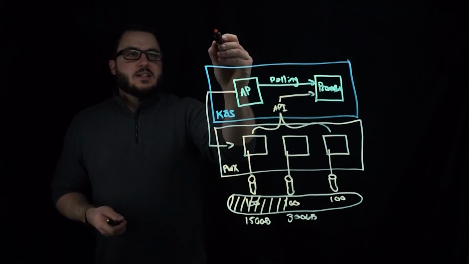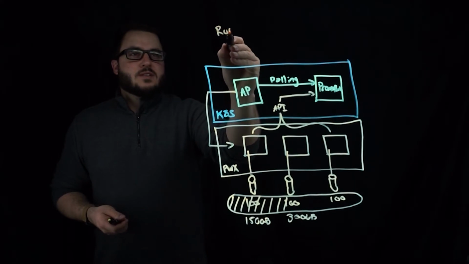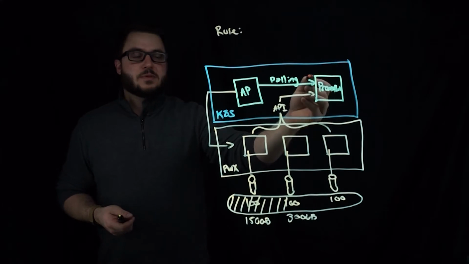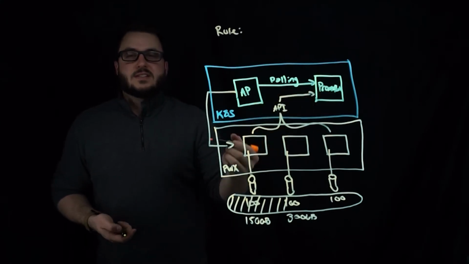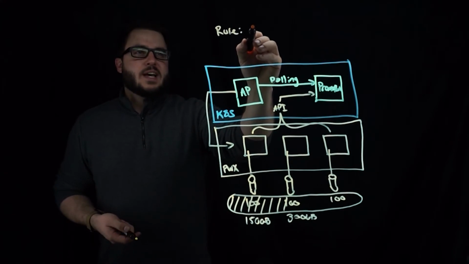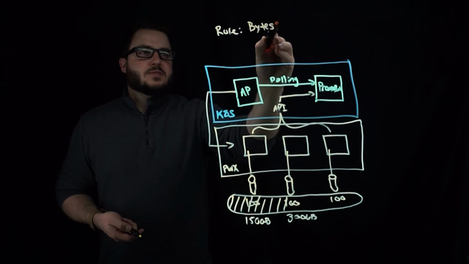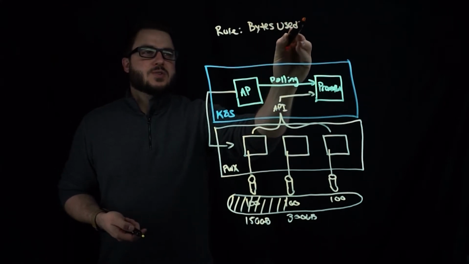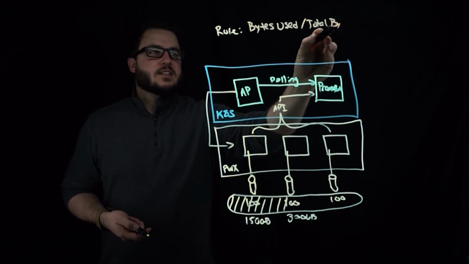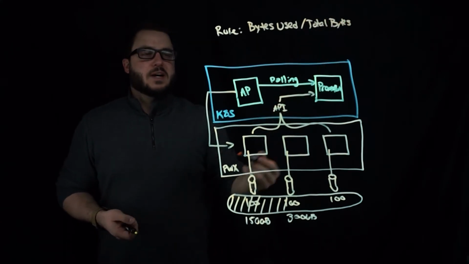So now that we have an understanding of what this control loop looks like and how Autopilot actually detects these types of things, we have to actually create a rule, right? So for Portworx, what you do is take an expression that Prometheus is aware of that you could tell Autopilot about. So say we have bytes used, these are shorthand, not the actual ones, but we'll provide links to the actual ones, to total bytes.